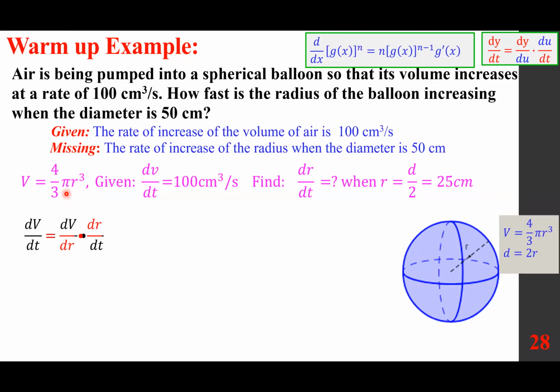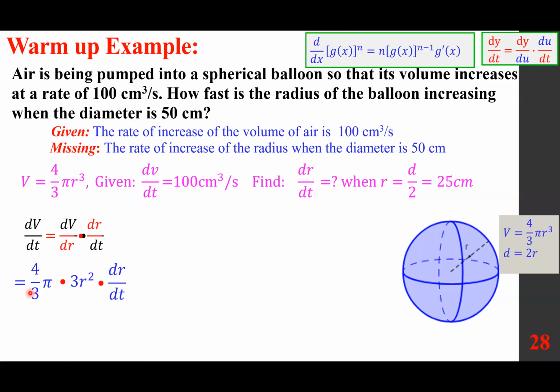To differentiate this, volume is 4/3 pi r cubed. 4/3 pi is the number. So you write 4/3 pi and then r cubed gives you 3r squared. And r is a function of t. Therefore, you have to tag along dr/dt. This is because t is the only independent variable in the case of related rates.